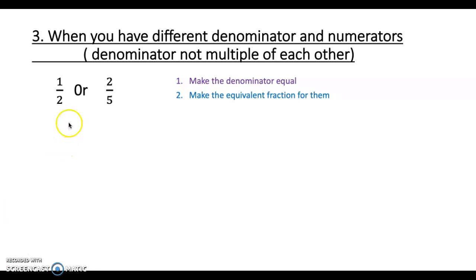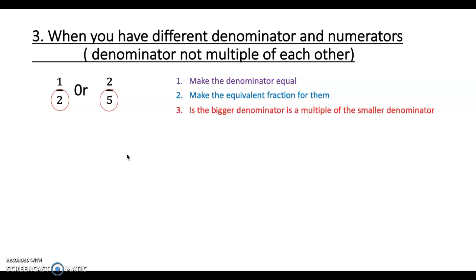Now I see the denominators. Is the bigger denominator a multiple of the smaller denominator? No, right. 2, if you multiply by anything, you won't get 5. So 5 is not a multiple of 2.